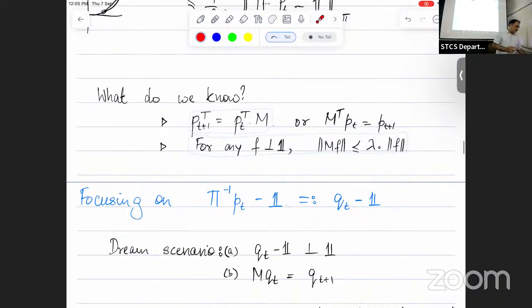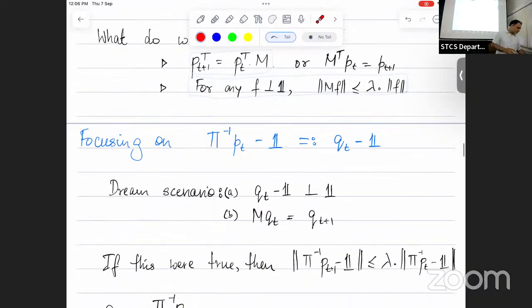Okay. And I want the following 2 dream scenarios. I'm hoping that the following 2 dream scenarios work. That is, QT minus 1 happens to be orthogonal to all ones. And secondly, if I think of what is QT plus 1 as a function of QT, it really is the evolution of, you think of it as functions and M acts on it as like column vectors.